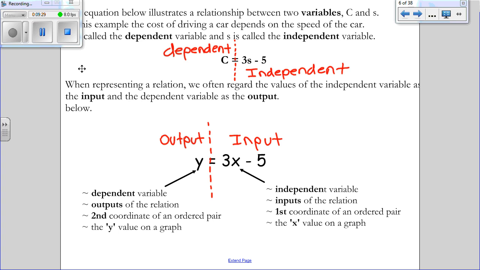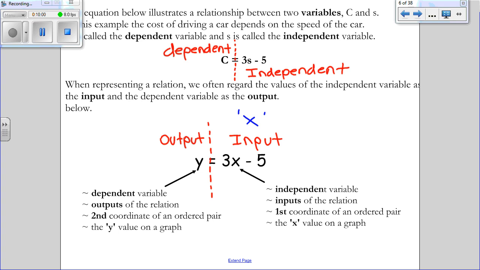The other thing that you're going to hear me say a lot is I won't maybe use the word input. I'll say, what is your x value? The x value is the input. Sure, in this question, the letter actually is x, so that's nice. But this could be any letter I want it to be, and I might still refer to it as x. The reason I still refer to it as x is because the input is what goes on your x-axis, your side to side, no matter what the letter is.